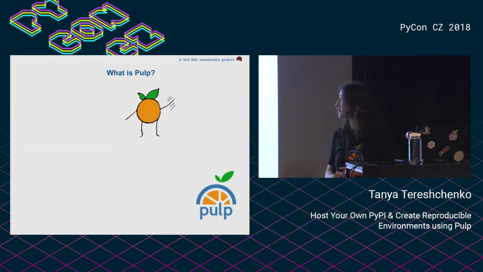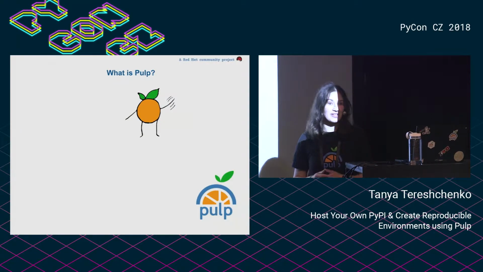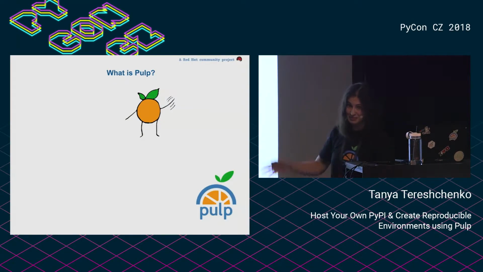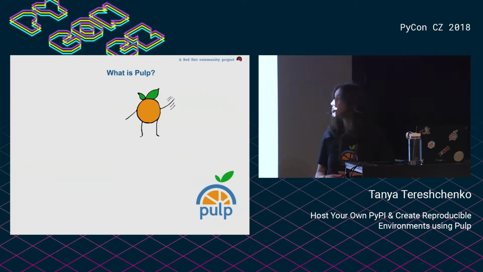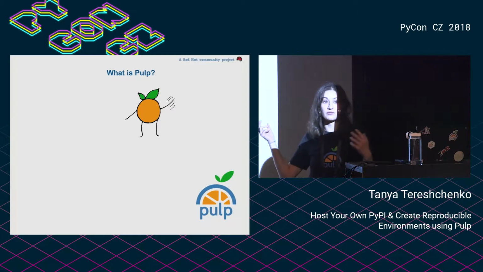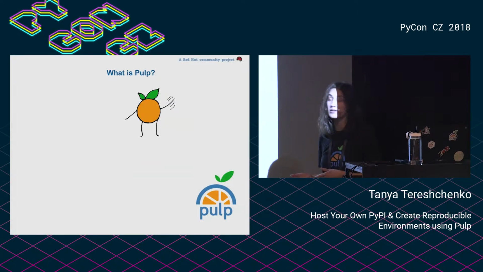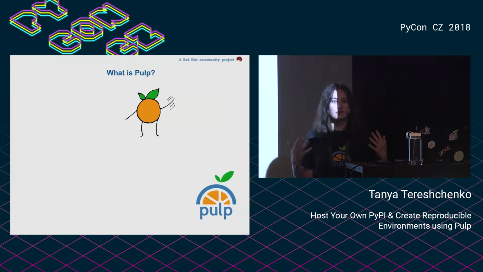So, what exactly is Pulp? First of all, it's an open source project. It's available on GitHub and it's written in Python. And as I told you, Pulp is a repository management tool, and it allows you to fetch and upload packages. You can organize and distribute them.